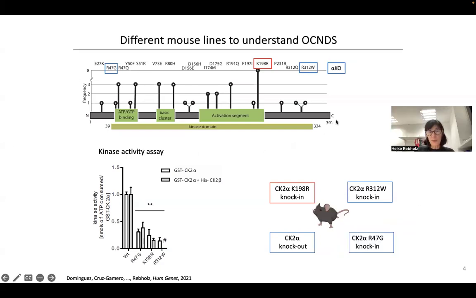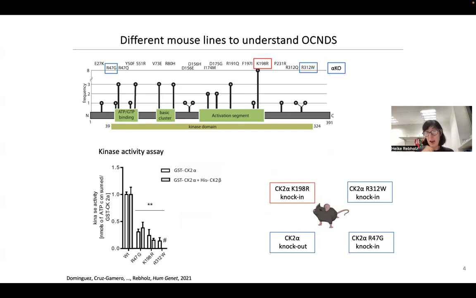And you have maybe seen this scheme before of the CK2 and the many variants, and by now we have even more, that are linked to the expression of OCNDS. For example, the K198R mutation is the one that is most commonly occurring in patients. Then we have others that are also representing a whole group of patients.